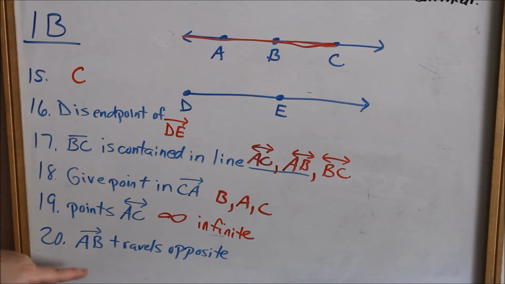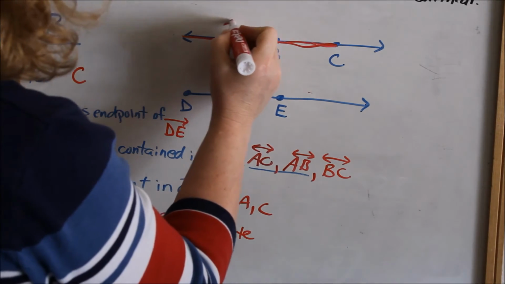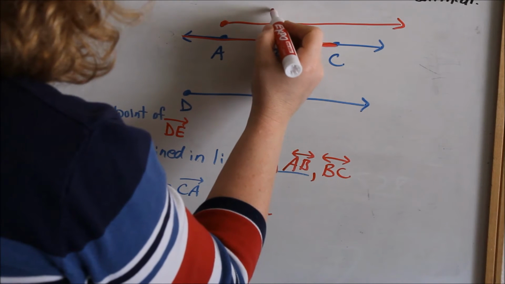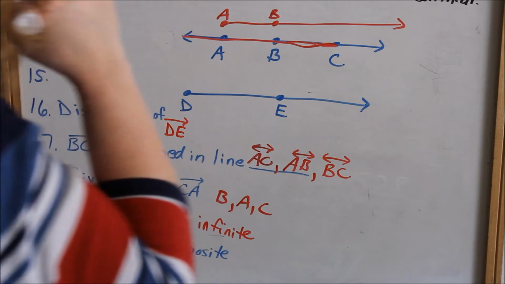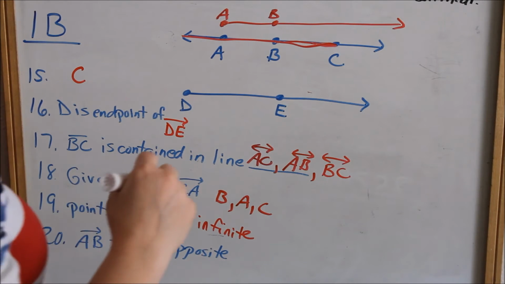Number 20 says, ray AB, this is not line AB, ray AB travels in the opposite direction from which ray? Okay, ray AB starts at A and goes forever in that direction. There's your A, there's your B, and it travels in the opposite direction of which ray? There are several possible answers.